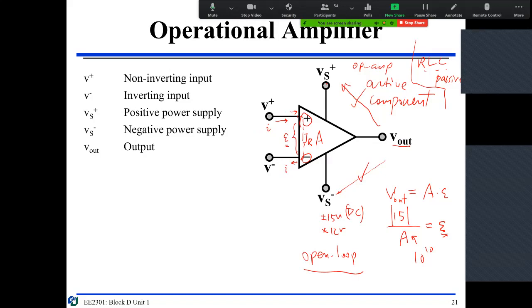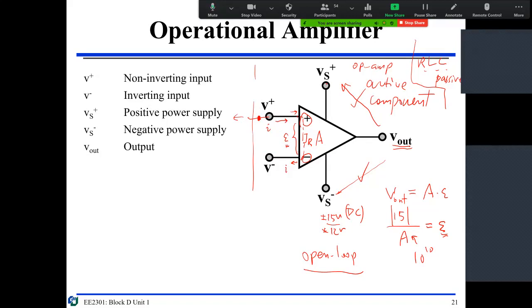On the other hand, these are the signals from the previous stage, okay? You hook up with this one. So this signal, if it is slightly bigger than epsilon, which is very, very, very small, say, for example, you touch it, then this guy will suddenly become saturated to 15 volts, okay?